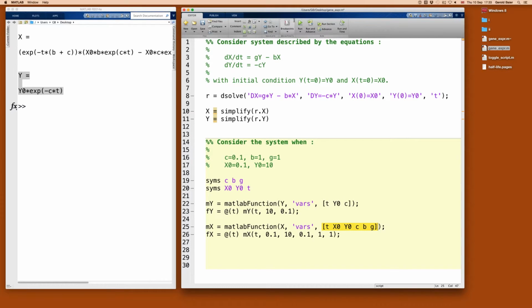It would help just a second to go back and explain what we've done so far. So given an initial system, we've symbolically solved that using the dsolve command with an implicit variable t. Simplifying the solutions has given us these equations here, these symbolic expressions. Next, we've explained to MATLAB what our symbolic parameters are, and we've used these to set new MATLAB functions as opposed to symbolic functions based on the original symbolic functions that were the solutions to our original equations.